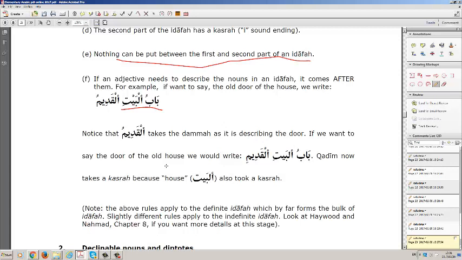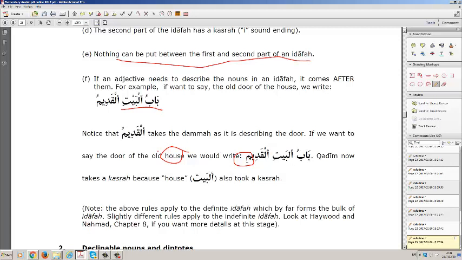So if we want to say the door of the old house, we would write something like Babul Baitil Qadimi. Here we're describing the house, not the door, and we want to say the door of the old house, but we still have to put the adjective after the construction.